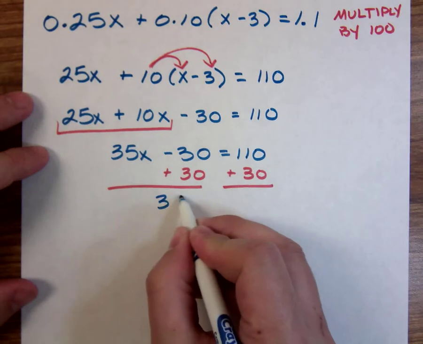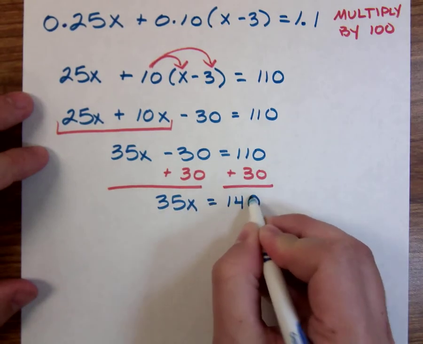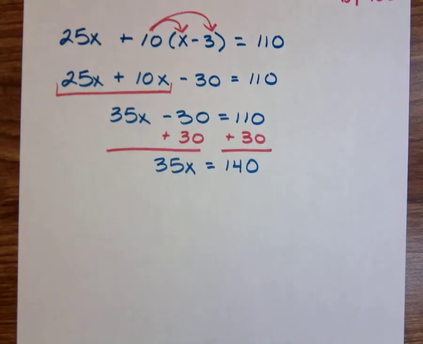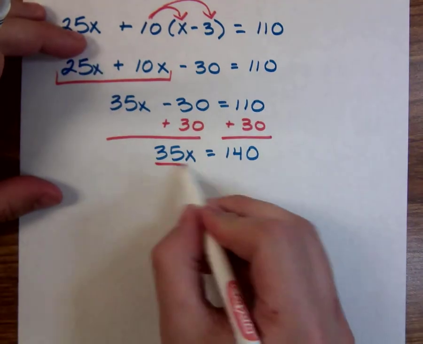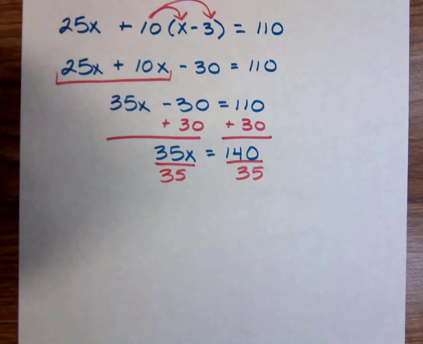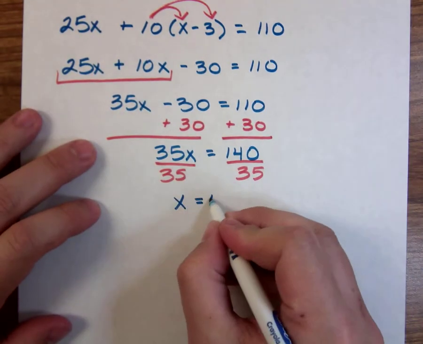So 35x equals 140. Then what? Divide by 35. 140 divided by 35 is 4.